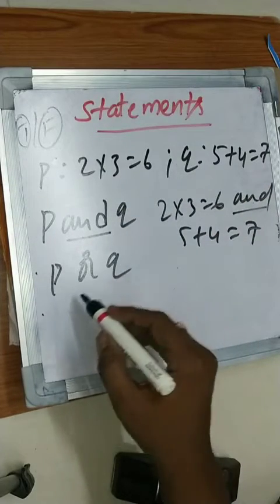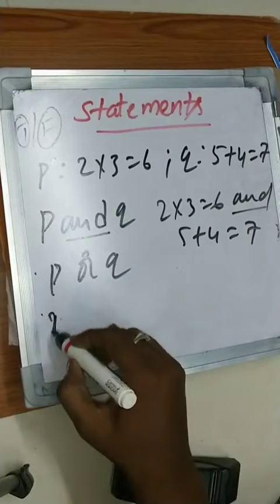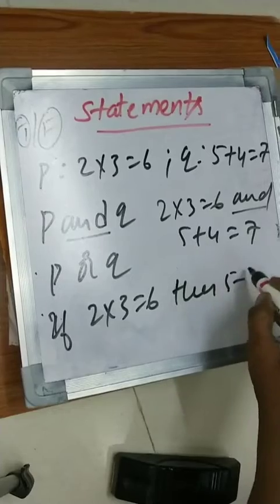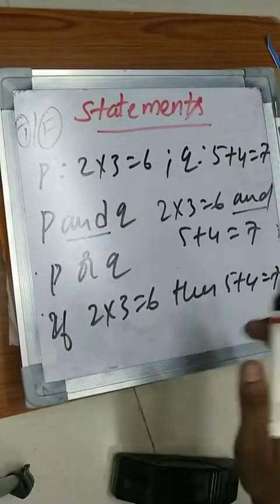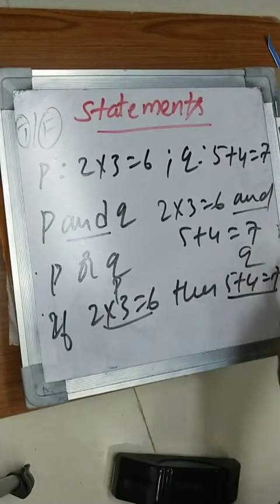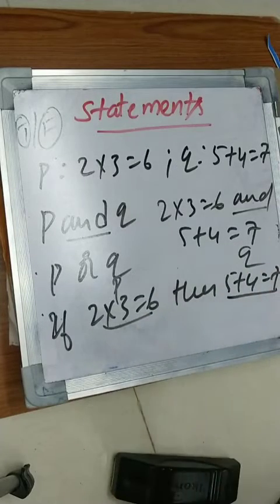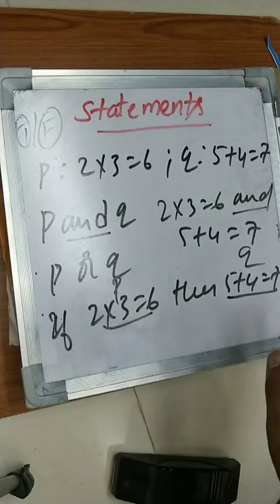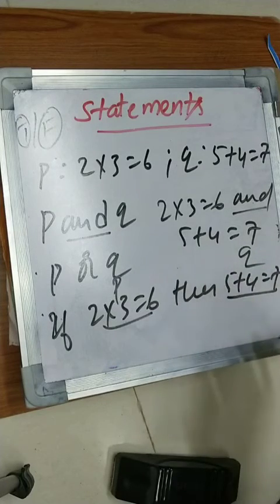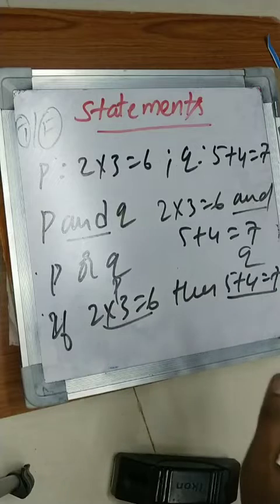You can also take, if 2 into 3 is equal to 6, then 5 plus 4 is equal to 7. Don't go deeper, it's just like if p then q, that's it. I'll explain it later on, we have that subtopic also.